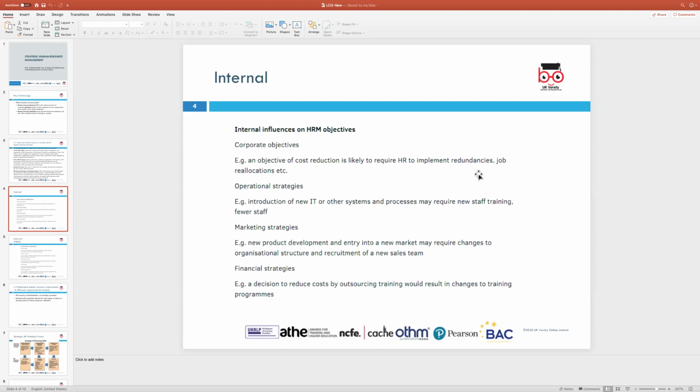So that's one example of operational strategies, wherein if there's a new system in place, new training might be required, or maybe the newer staff might understand it easier, but the older age group might take a little time to adjust to the new systems coming in place.